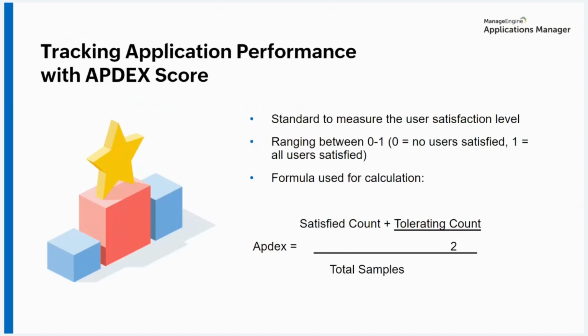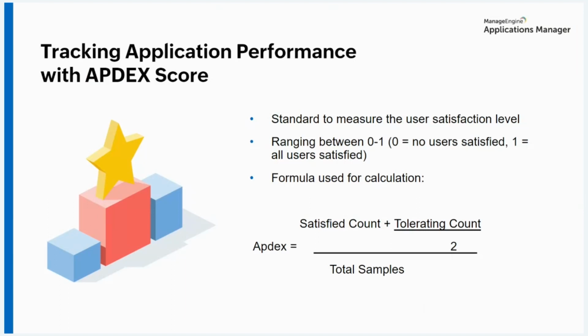Tracking the application performance with Apdex score. So let us see the definition of this Apdex. The application performance index, or Apdex score, is a standard metric which is used to measure the satisfaction with the application response time.